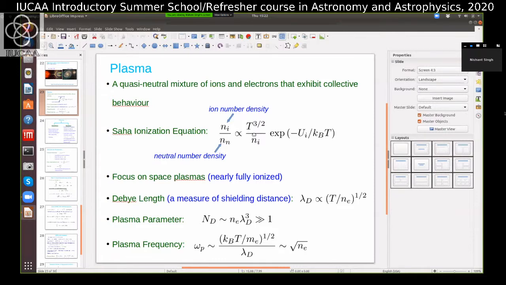As far as it is electrically conducting, and one is able to define all these criteria in terms of Debye shielding and plasma parameter, it is good enough to deal with plasma as a fluid. It's not always true that this is the only correct description. There are various departures known.